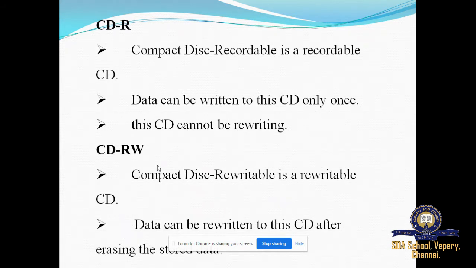In CD-R, data can be written only once and cannot be rewritten, but CD-RW can be rewritten after erasing the stored data. These are the types of compact disc: CD-R and CD-RW.